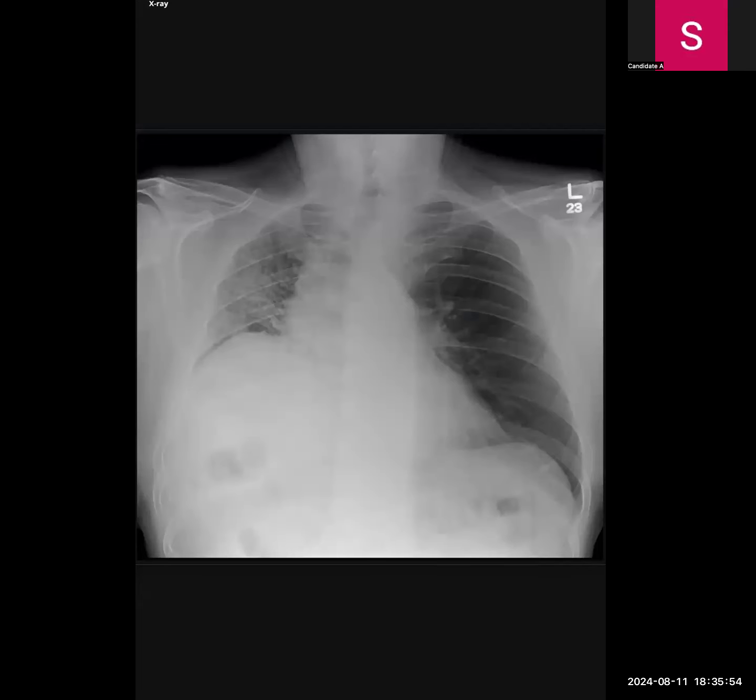The left lung appears normal. There is tracheal shift towards the right, inferring that there is some volume loss also within this area.